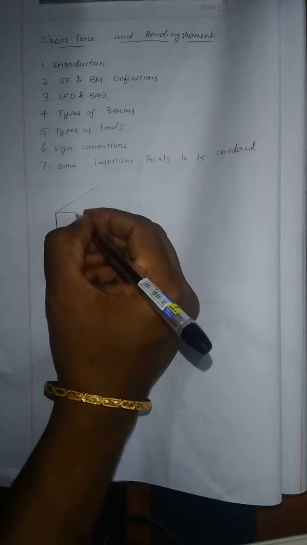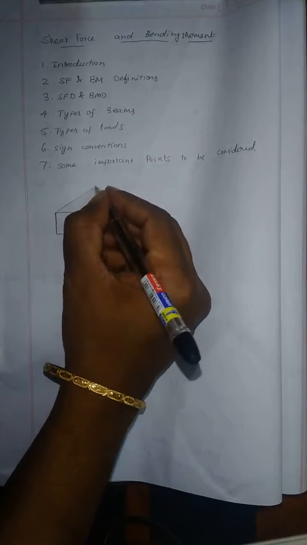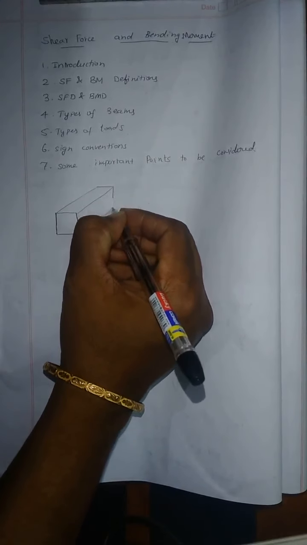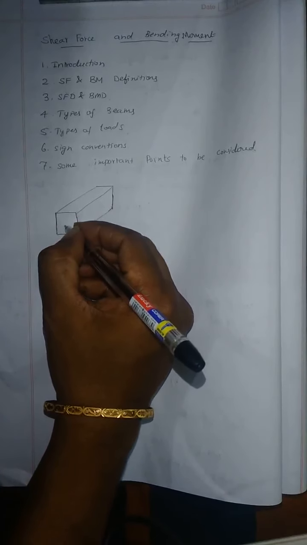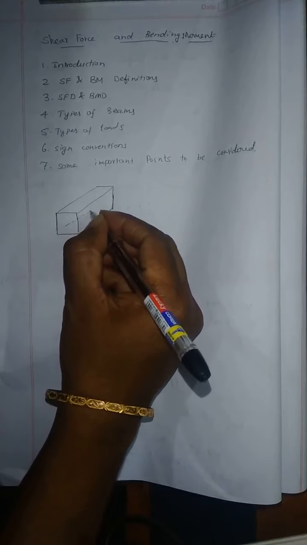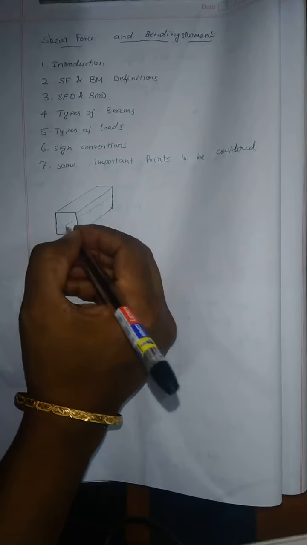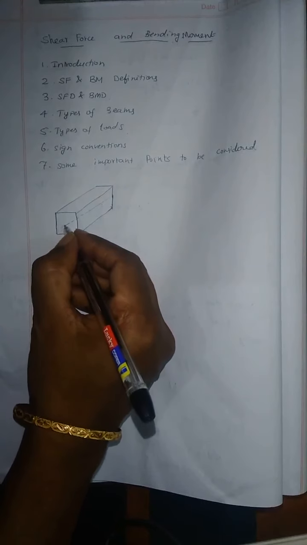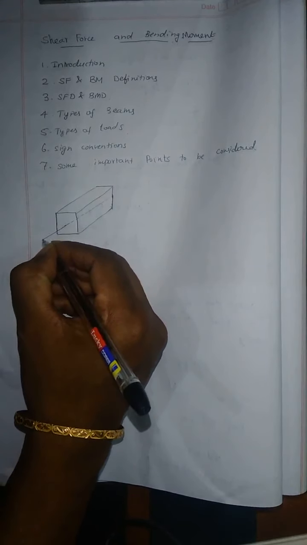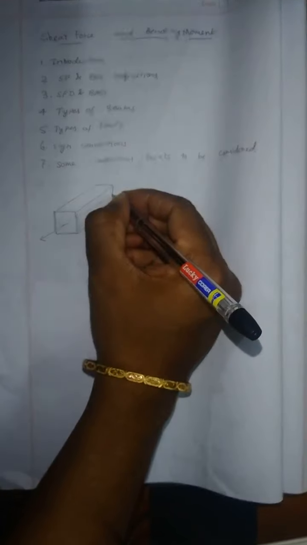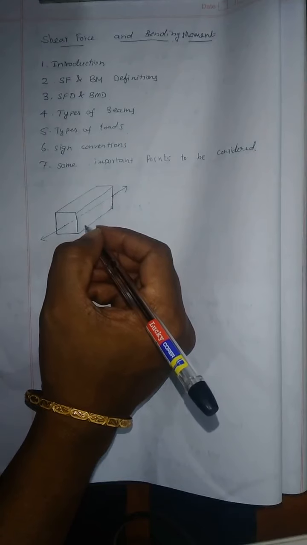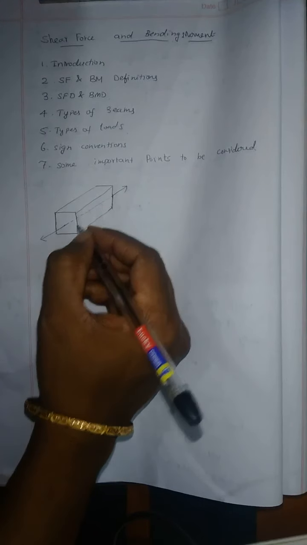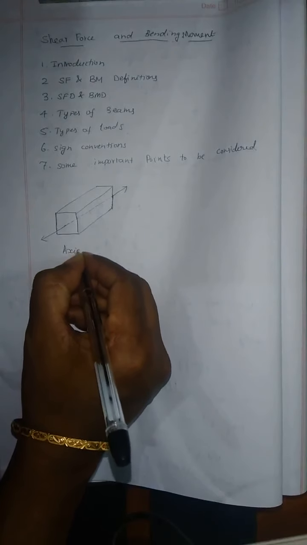Now let us consider an object like this. Okay, so in this we know that the axis will be like this, right? If you are applying some load in the direction of the axis, or else we can say we can apply the load parallel to the axis, then we call it as axial force.